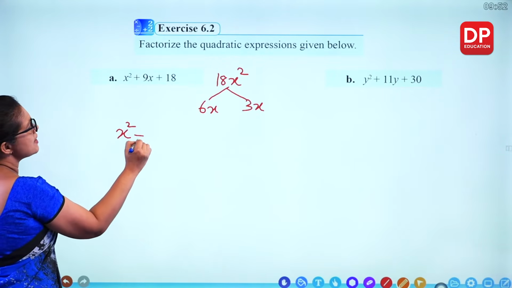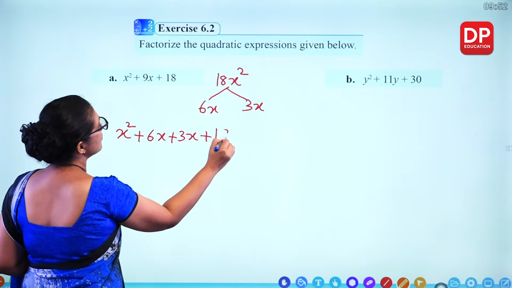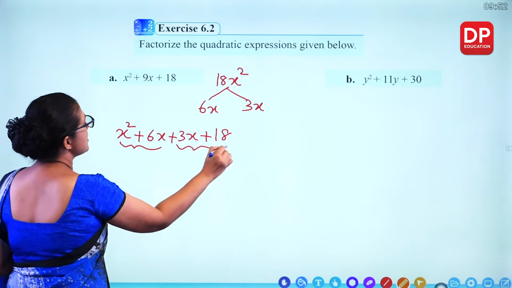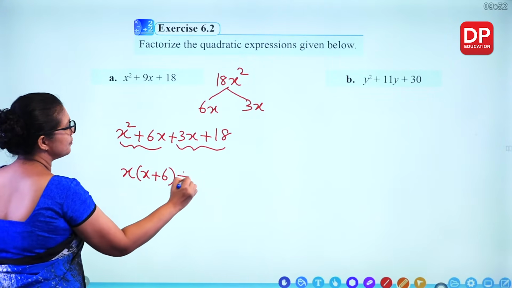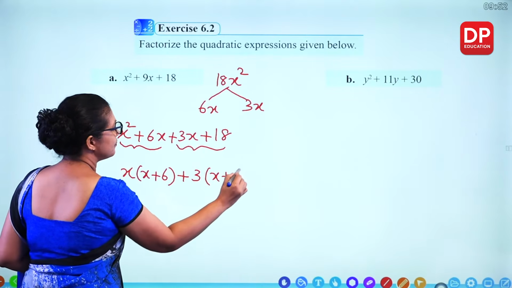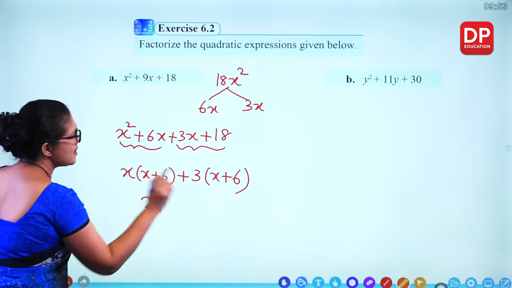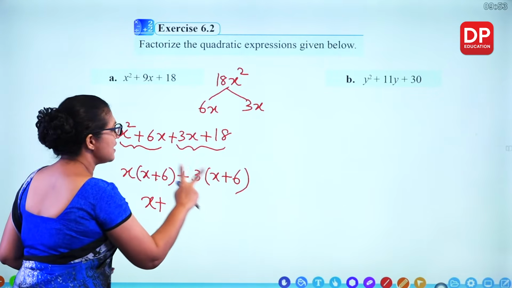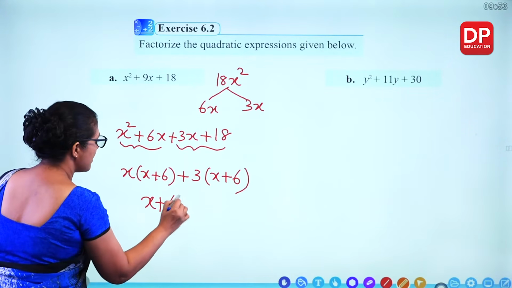So split the middle term and take 2 at a time and factorize. Now see, we are getting the same factor. If that doesn't happen, that means you are not getting the same, so you have to go back and check again.